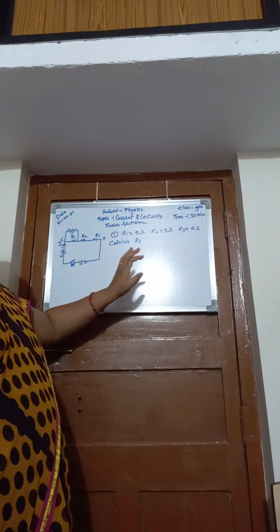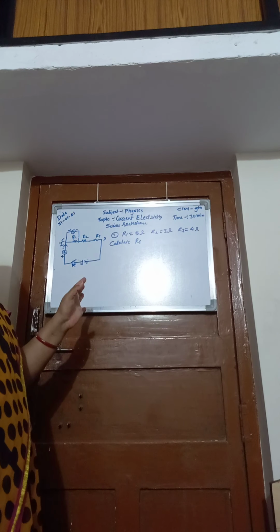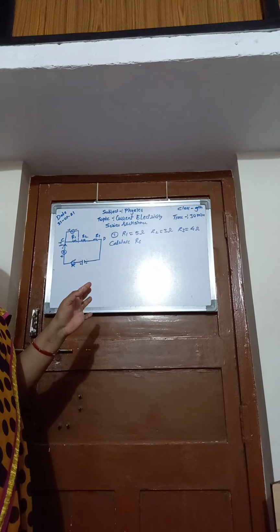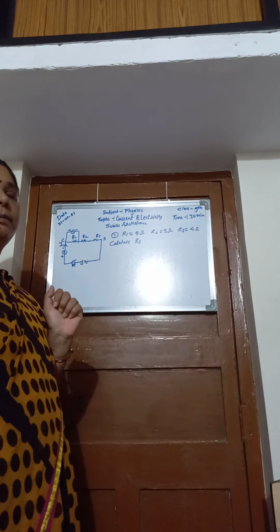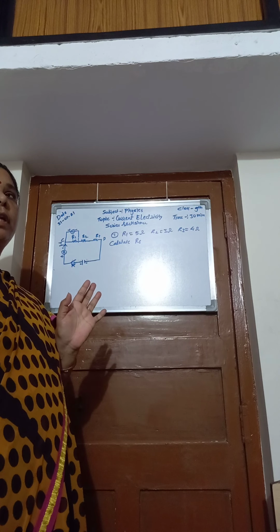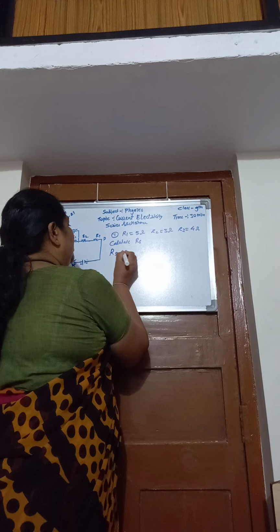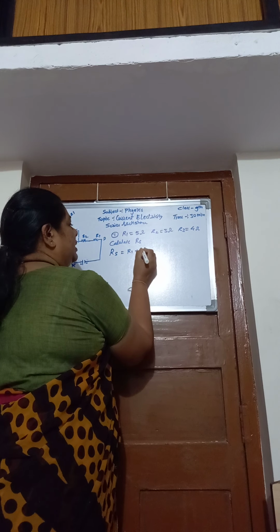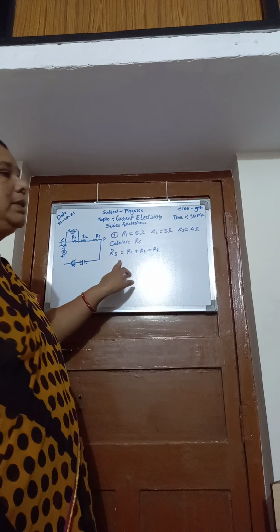What is the formula for calculation of equivalent resistance when resistances are connected in series? Who will tell me the formula? I have explained it here, but you have to tell me. RES is equal to R1 plus R2 plus R3. Okay, got it? This is the main formula.